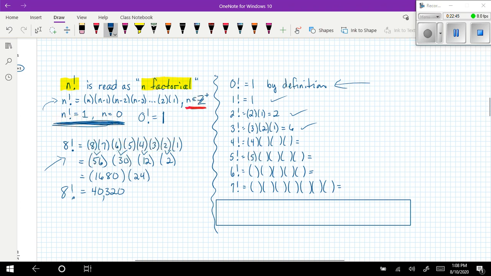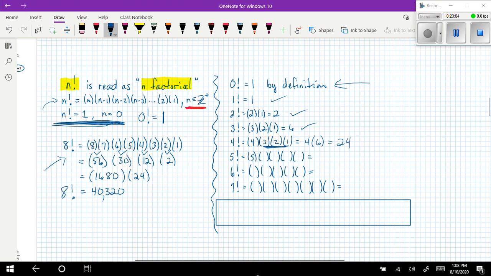So 4 factorial, I'm coming back over here to this list of my factorials. 4 factorial is 4 times 3 times 2 times 1. But didn't I just do 3 times 2 times 1? And got 6 up above, so this gives me 24.